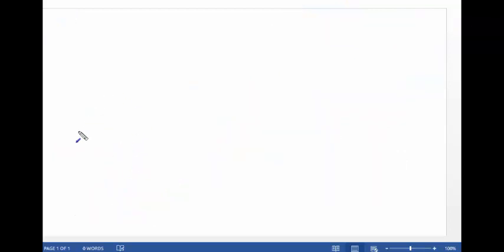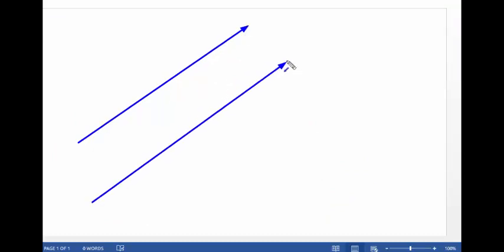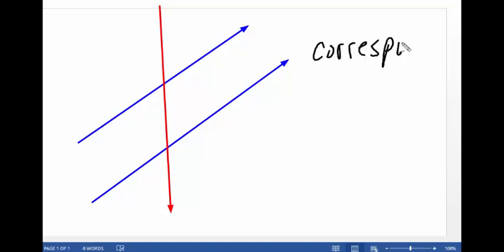So if we go back to our parallel lines with a single transversal crossing through them, now we're going to end up with a different type. These are what we call corresponding angles.